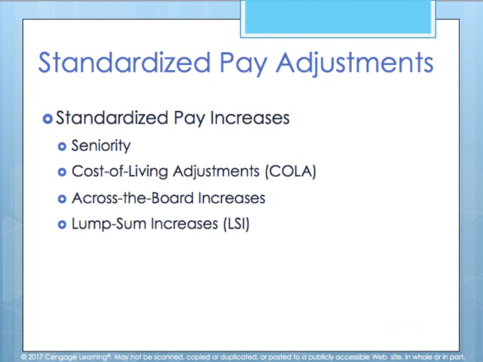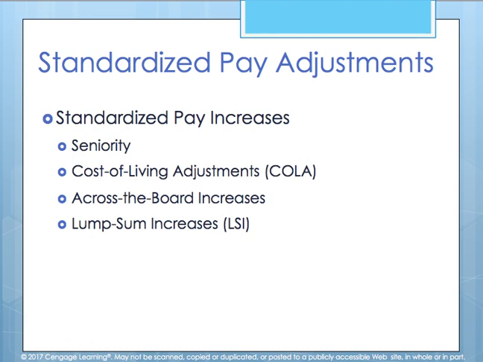Now, there's the standardized pay adjustments. And these are the ones that most of us are aware of. This is what we've been conditioned to. Based on seniority, you've been with the company for 25 years. Boom, you get that increase in pay. Cost of living adjustments. You've now relocated to California from Georgia. Yeah, cost of living is much higher, so they adjust your pay accordingly.